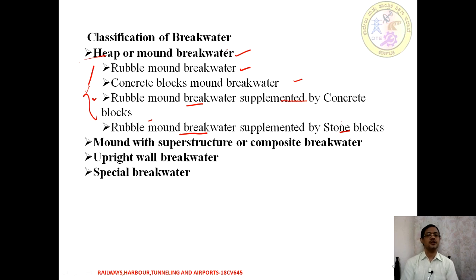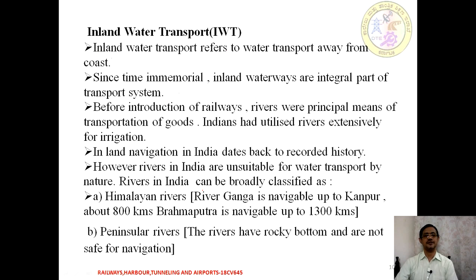Next is the mound with a superstructure, or composite type of breakwater. In this case we have a particular type of superstructure, a wall which breaks the energy of the wave, called a mound with a superstructure. Next is the upright wall type of breakwater and special types of breakwater. So these are the classifications with respect to breakwaters.